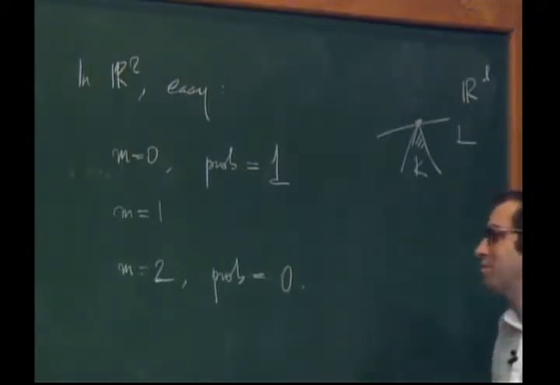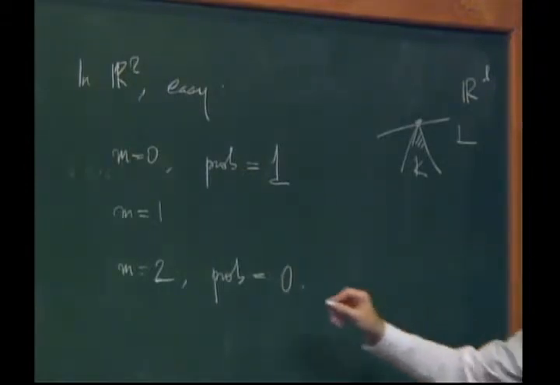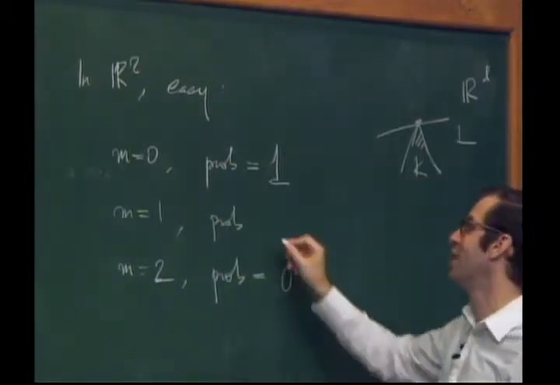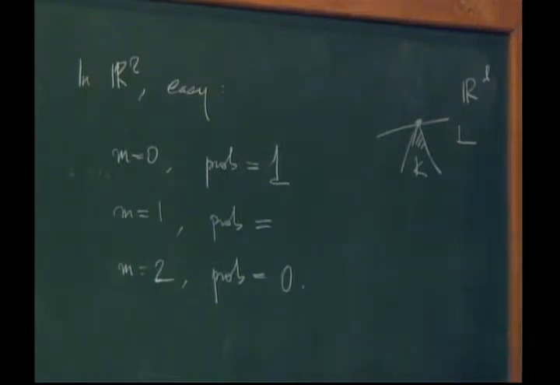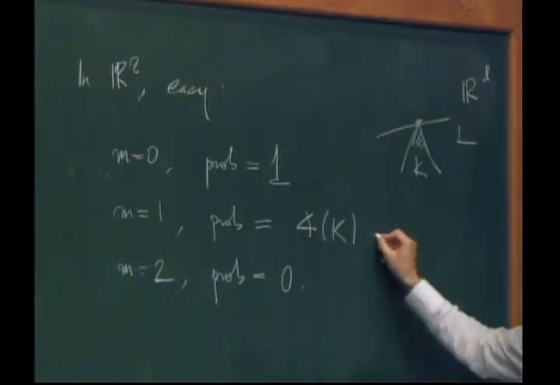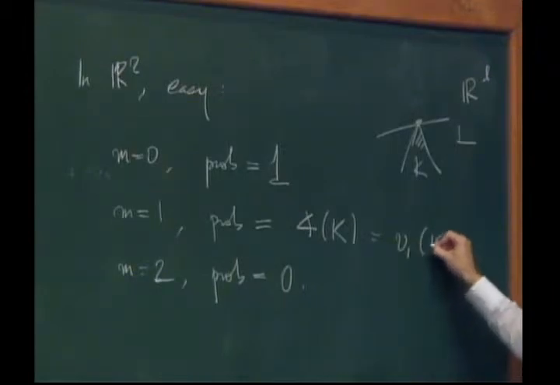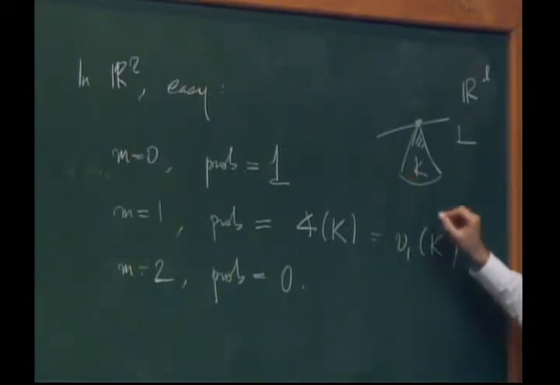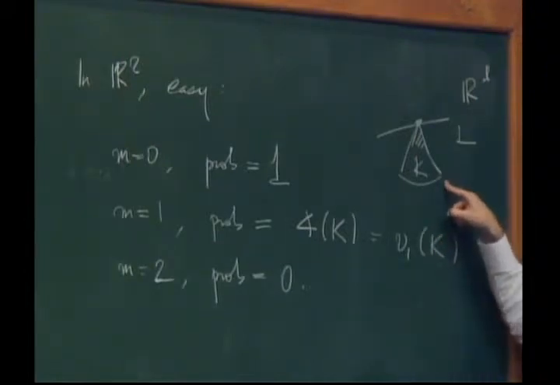Zero. Okay. Now, what about this third case when m equals 1? This is probably the only interesting one in this setting. So the probability is equal to, it's just the solid angle of the cone, a number that I'm going to call V1. Okay, so it's just the proportion of the unit circle subtended by this cone.